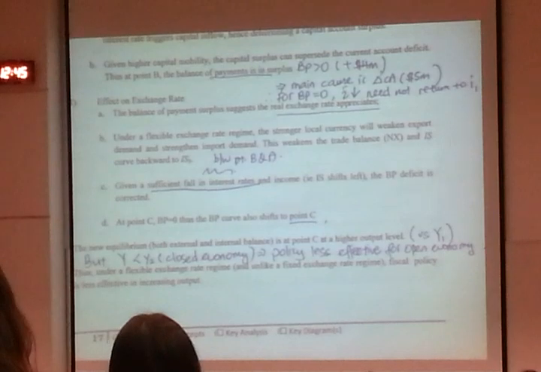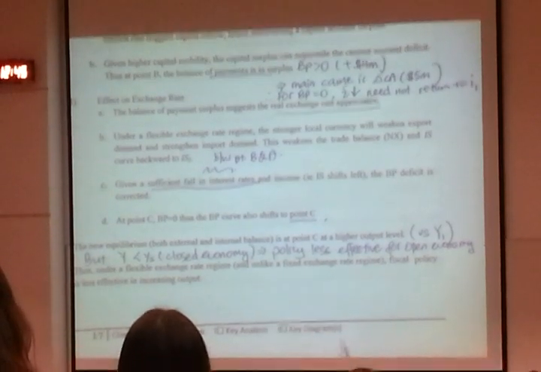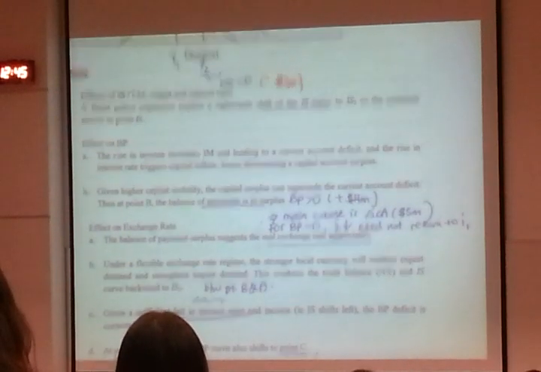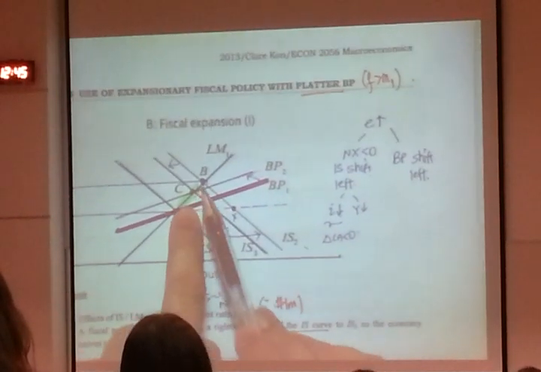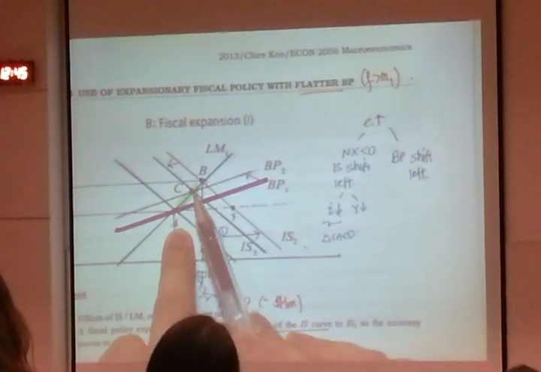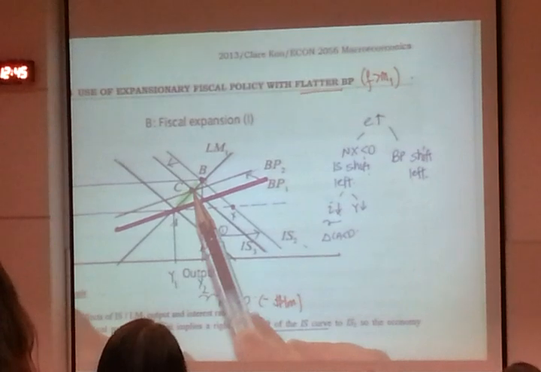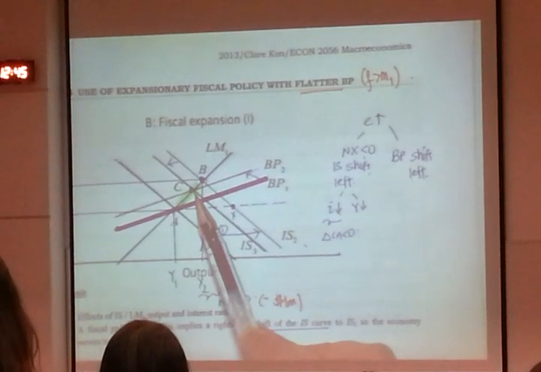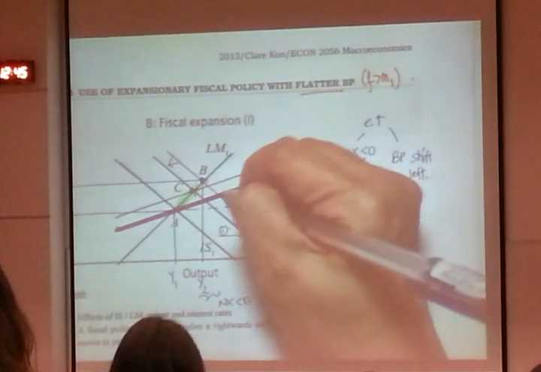Then the third way to compare is the exchange rate system. Now be very careful, this is purely optional. This is flexible exchange rate. At point B, IS shifts left, BP shifts left. That's flexible. I highlight this is optional. If you are doing fixed exchange rate, you will go to here.